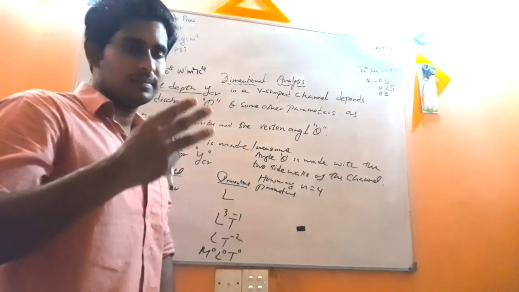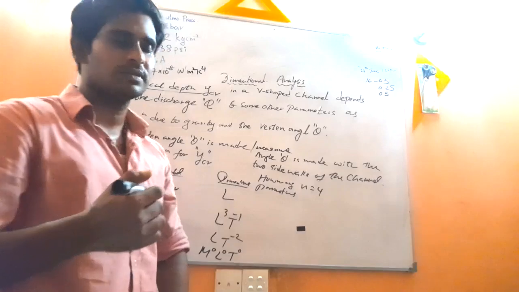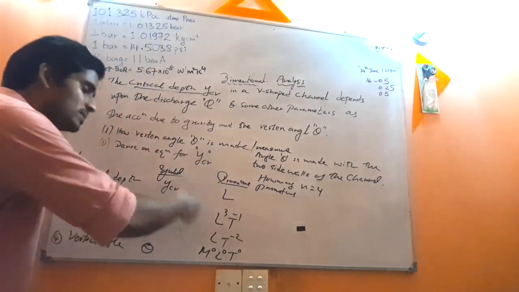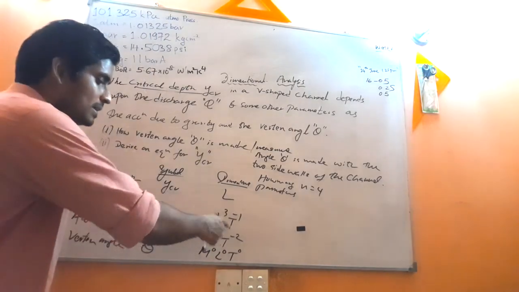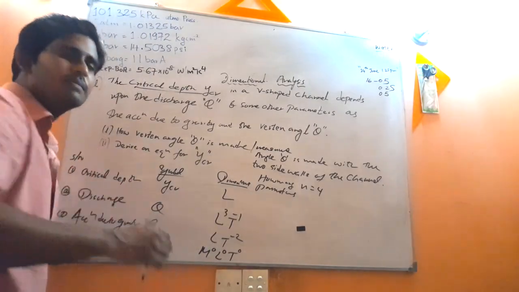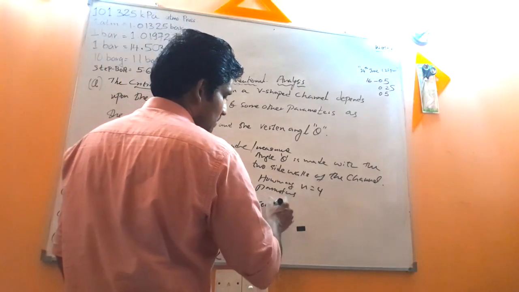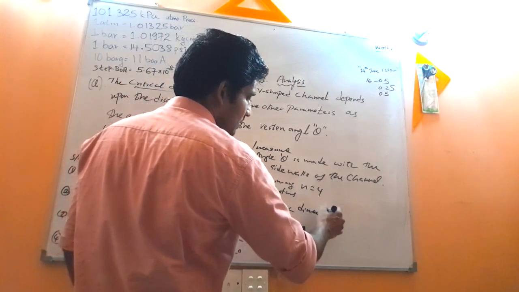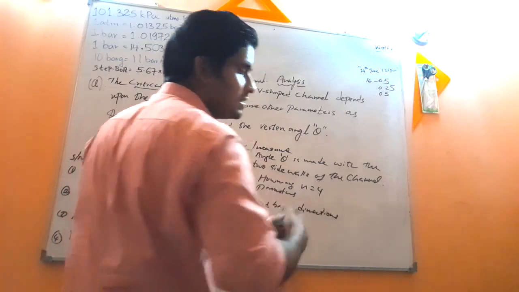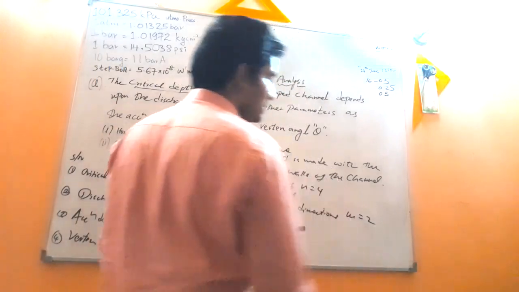We have three basic dimensions: mass, length and time. But among those, only two are used: L is used and T is used. Even though M is there, M is not used. So m equals 2.